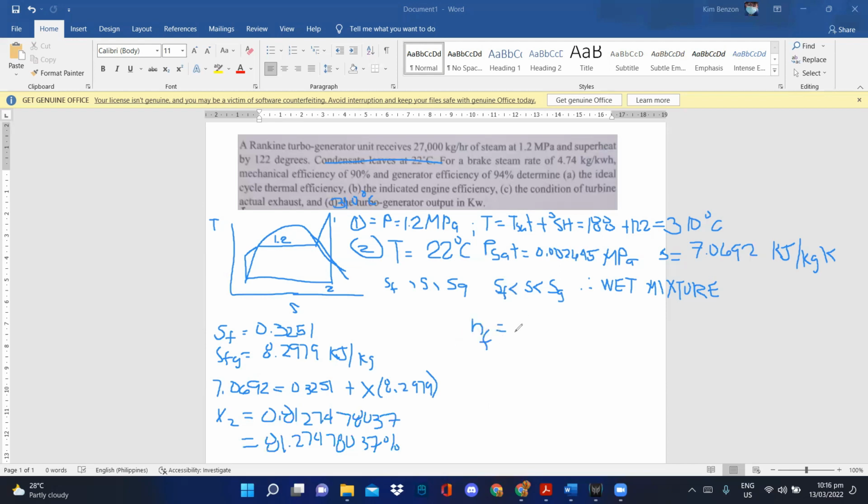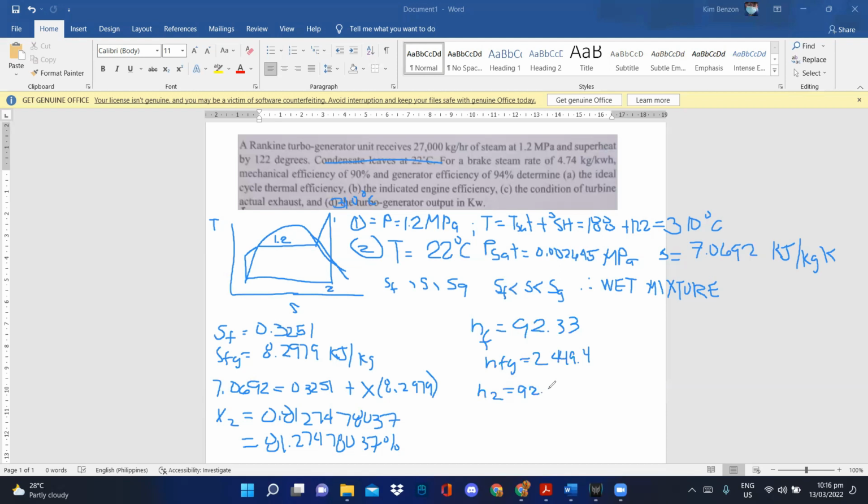Now, next, we find also the value of the H. Since siya ay wet mixture, kailangan din natin siya. So, your HF is 92.33. Your HFG is equal to 2449.4. So, therefore, your H2 would become HF plus X HFG.